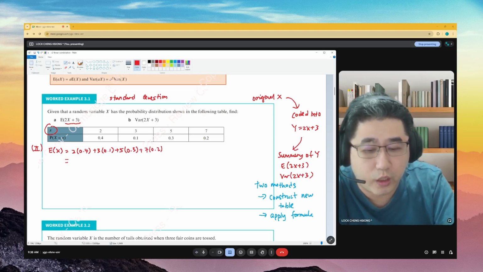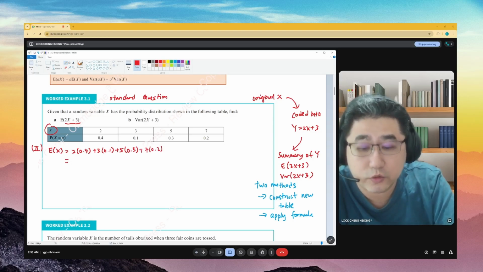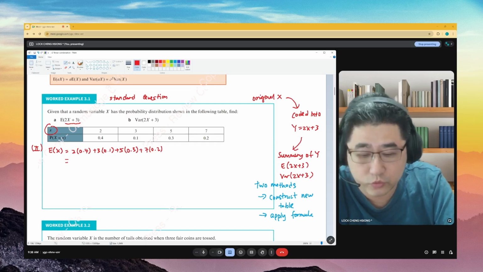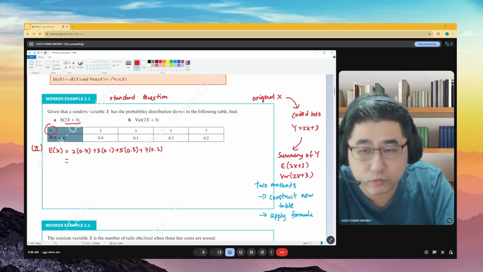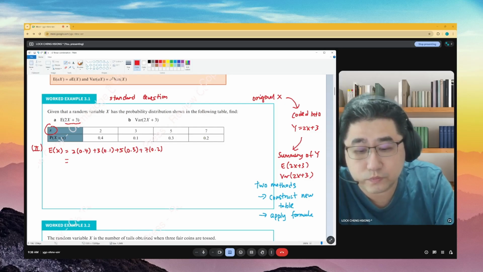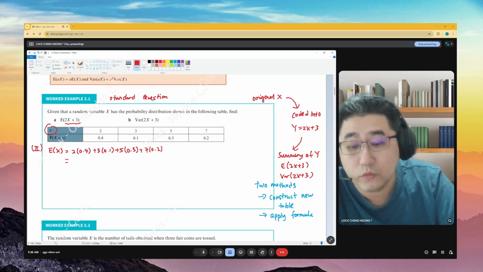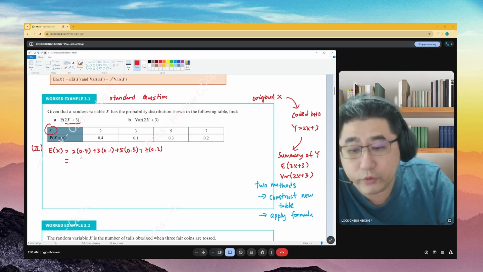So we plug it inside the calculator. I will have the value 4 here.